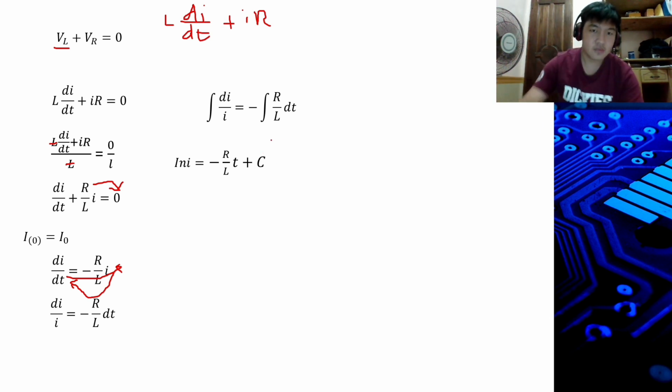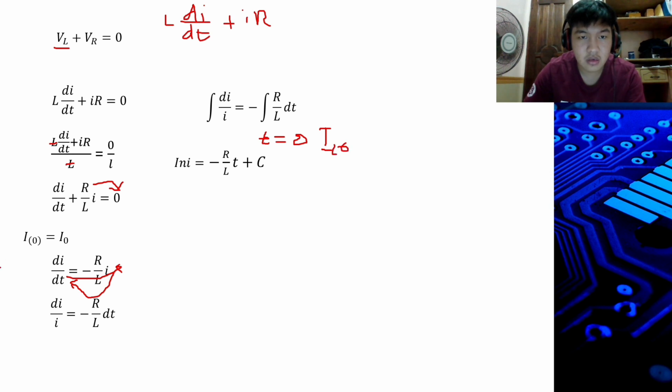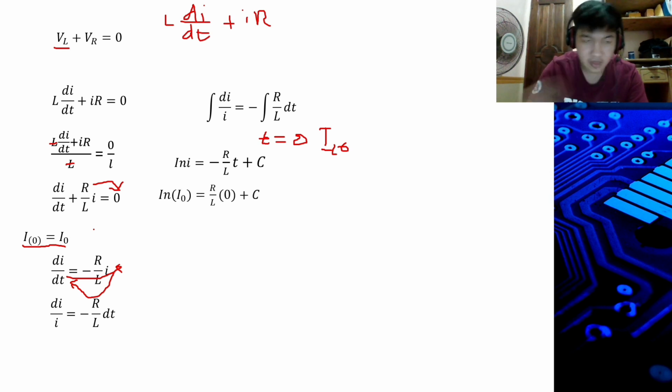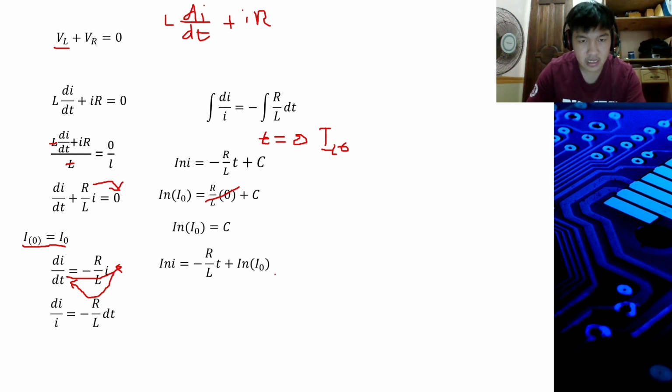Now we have the condition of the inductor. If t is equal to 0, where I of 0 is I naught, we can substitute into the equation like this. ln of I naught is equal to negative R over L of 0 plus C, where this cancels, leaving only C. If we substitute back, we get ln I is equal to negative R over L t plus ln I naught.